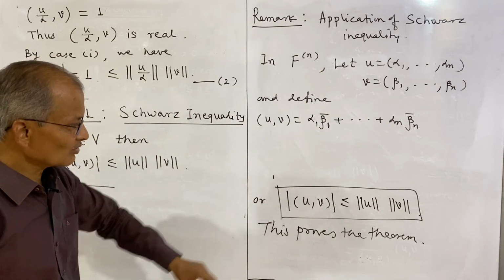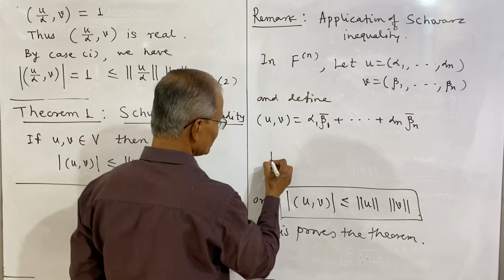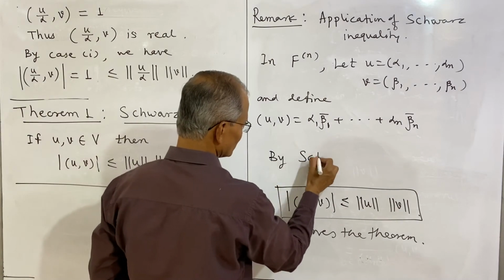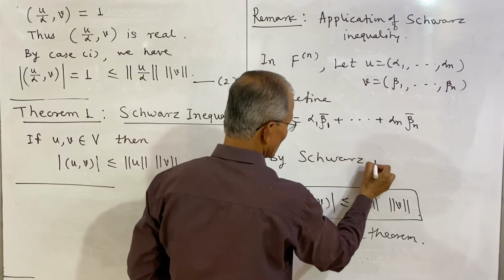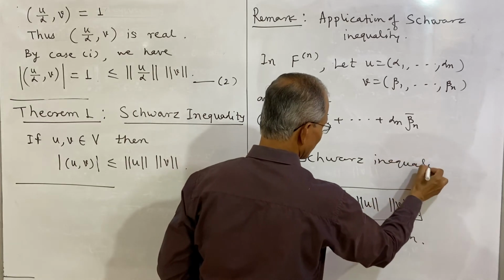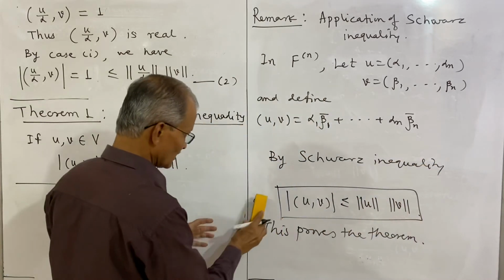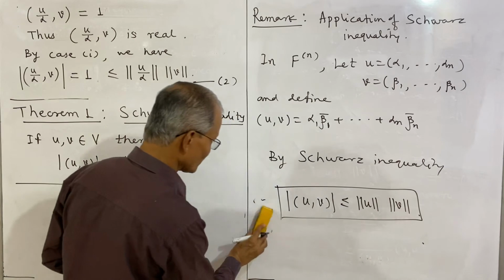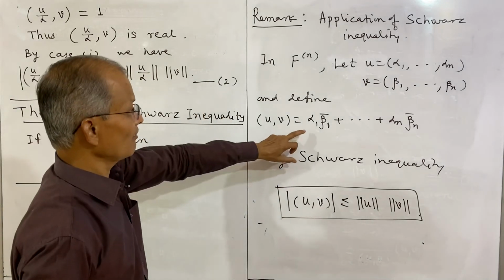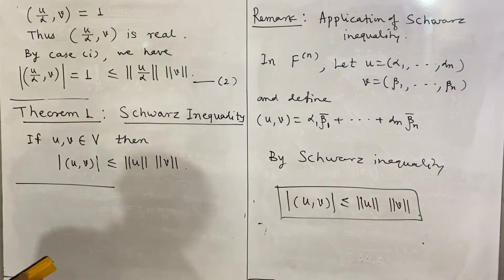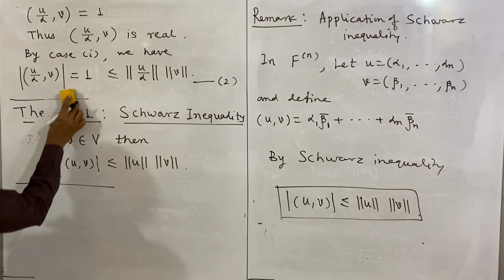So, what is by Schwarz inequality? We have this result, and therefore, see what will be the absolute value of this inner product.